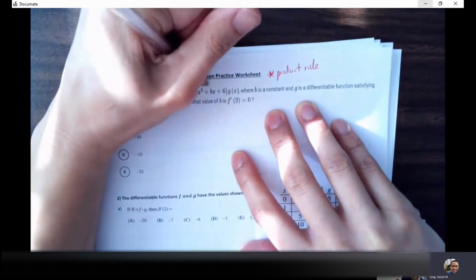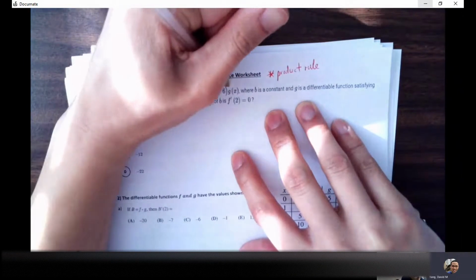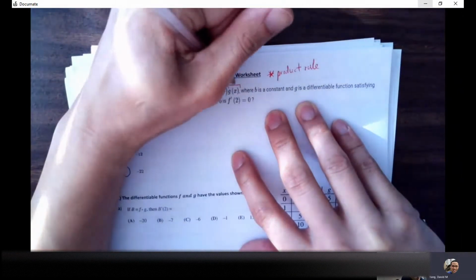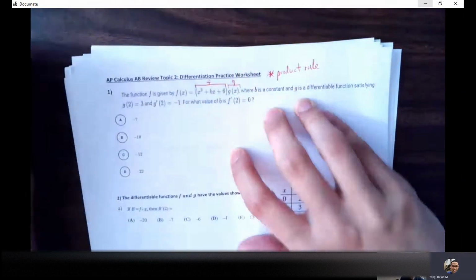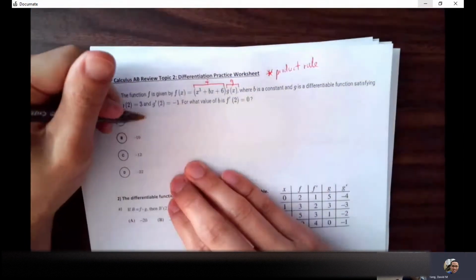And I'll treat the first part as f, and I'll treat the second portion as g. All right, so here's product rule.